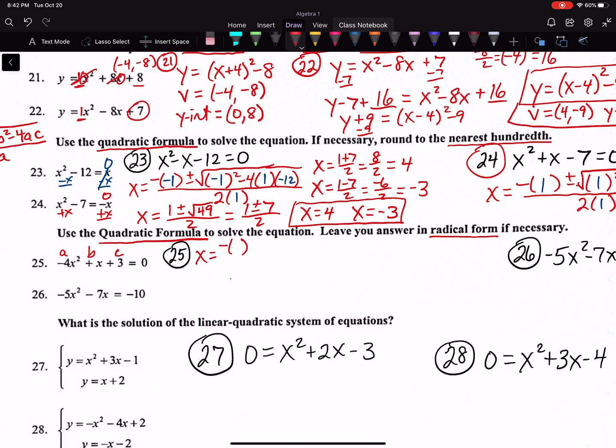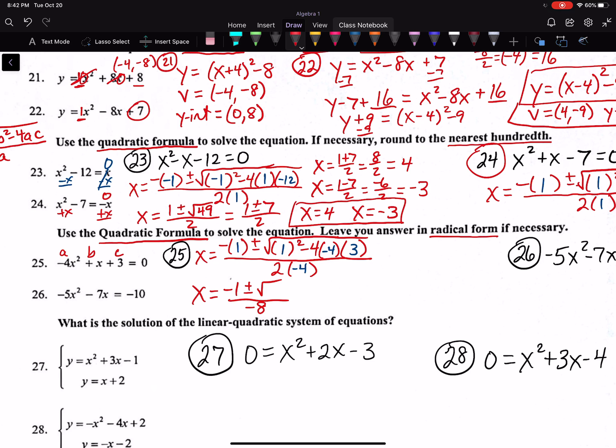So x equals negative b plus or minus the square root of b squared minus 4 times a times c all over 2 times a. Again, it's a long thing, but it's easy once you plug it in. So b is 1, a is negative 4, and c is 3. So x will be negative 1 plus or minus the square root of something over negative 8.